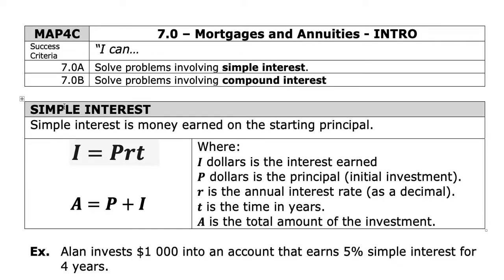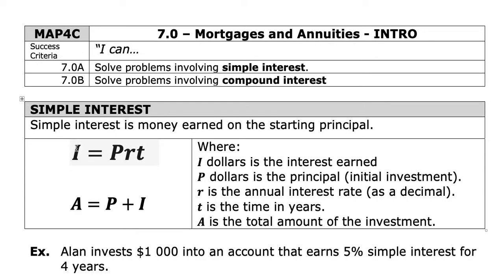The interest formula for simple interest, I is equal to PRT, is: I dollars is the interest earned, P is the principal or the initial investment, R is the annual interest rate as a decimal, and T is the time in years. So I is equal to PRT.